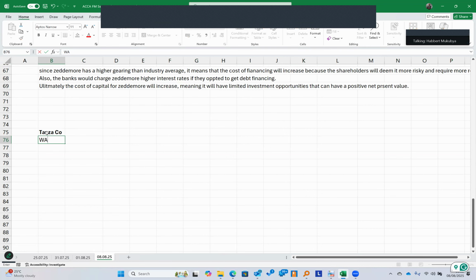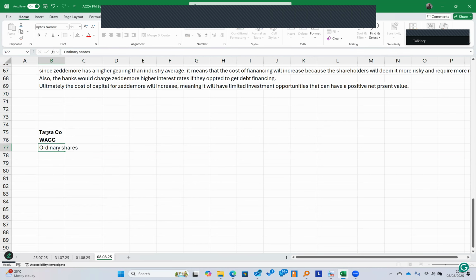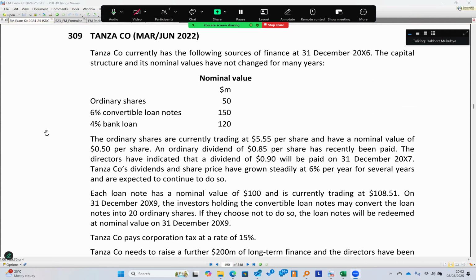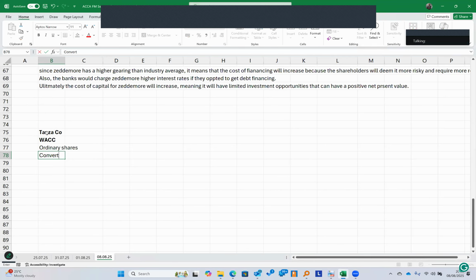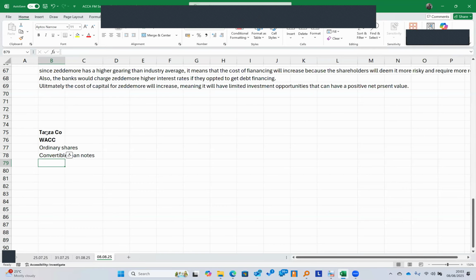We have ordinary shares, we have convertible loan notes, then we have the bank loan.